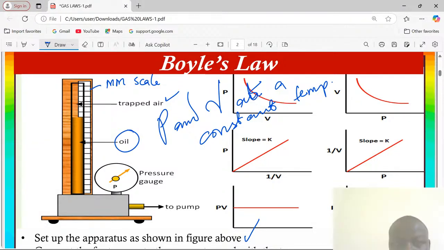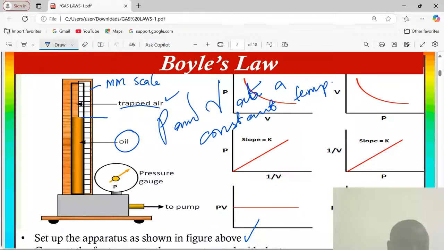The oil will be used as the mark, as the pointer. It will show us the level of oil, and how the colorless air has either expanded or contracted, because we can see the air column. It can be either minimized or increased depending on the changes in pressure.